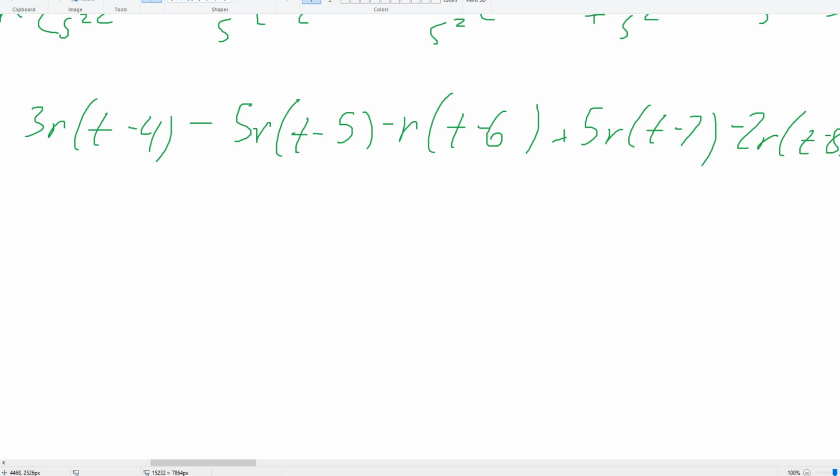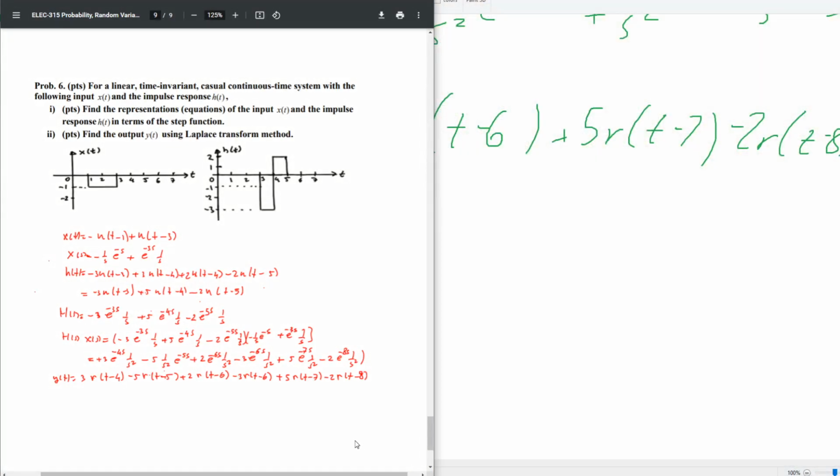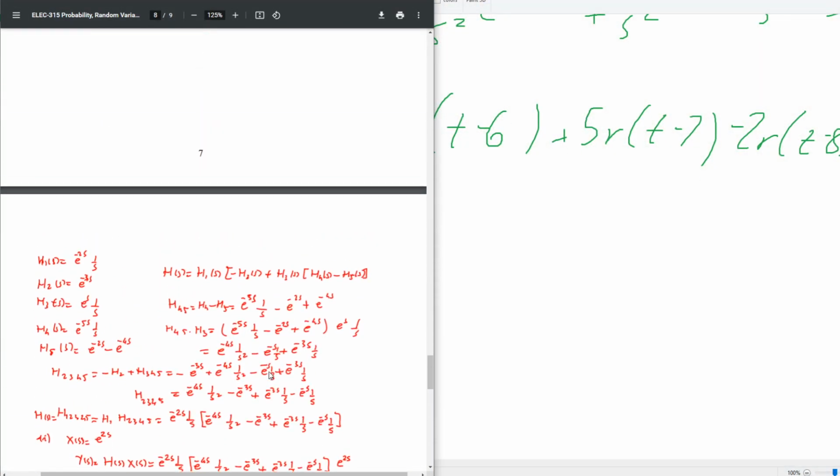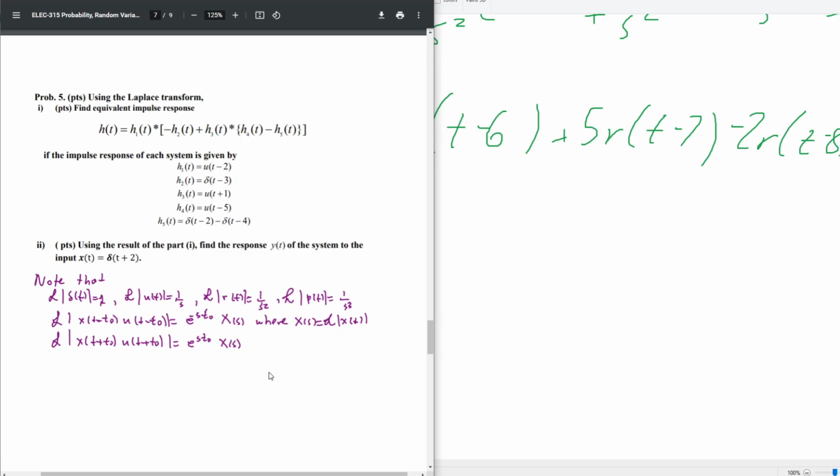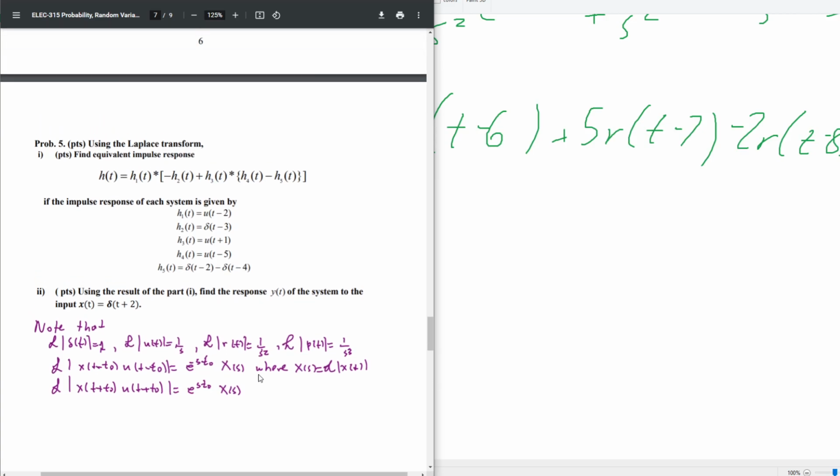Problem 5 is a little bit longer, I would say. Maybe a little bit tougher, but not god awful or something like that.